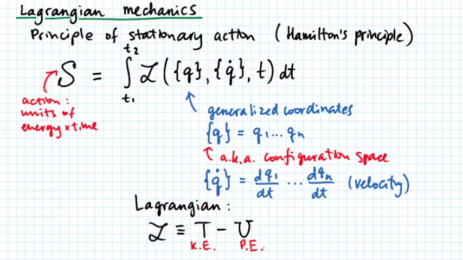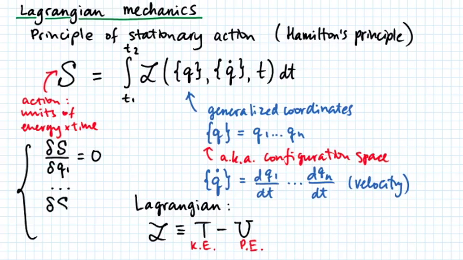So the principle of stationary action states that the motion obeys equations such that the action is stationary. In other words, it means that the functional derivatives with respect to positions q1 and so forth are zero.